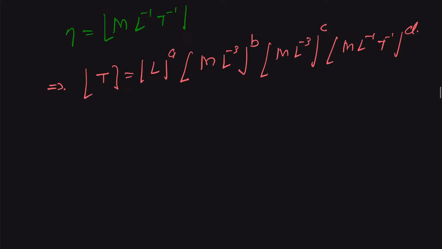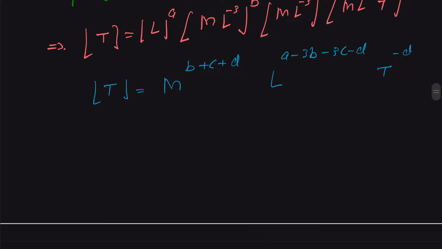We open it as per our standard procedure. So we get M, and the raised power will be b plus c plus d. Then L will be a minus 3b minus 3c minus d, and for time T, we get minus d, and on the left side we only have T.